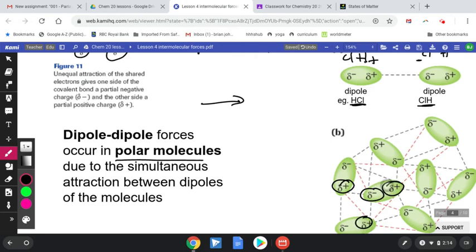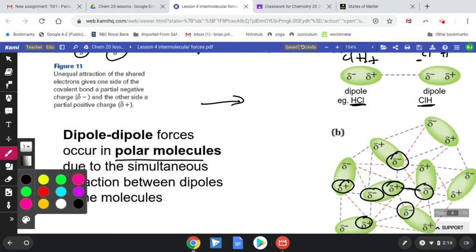This positive pole is attracted to the negative poles of its neighbor. I suppose I could color code those. So this positive attracts to those three negatives. This negative is attracted to these two positives.